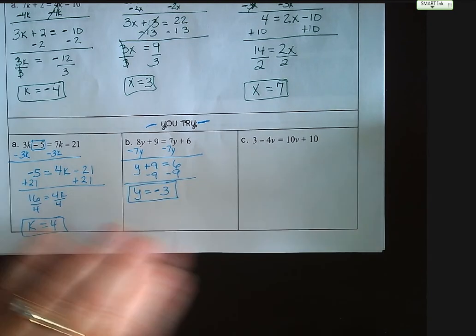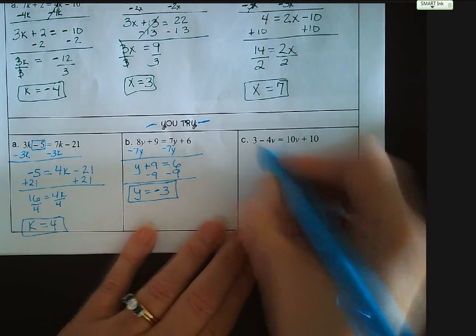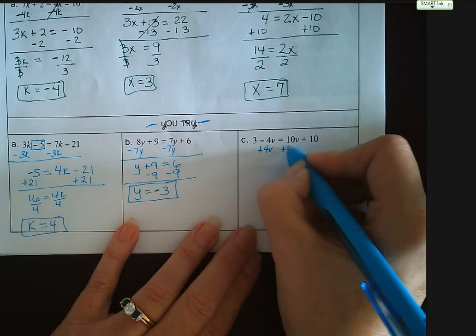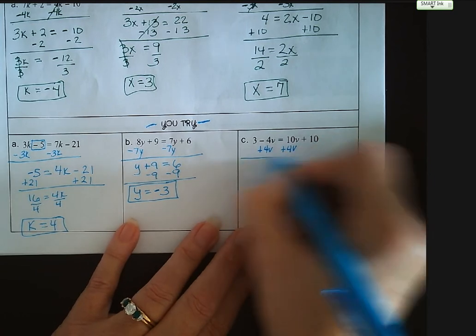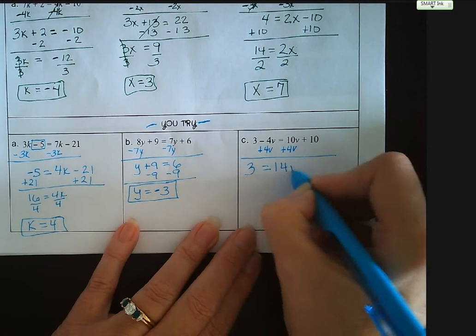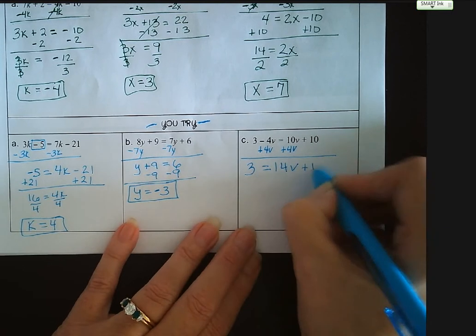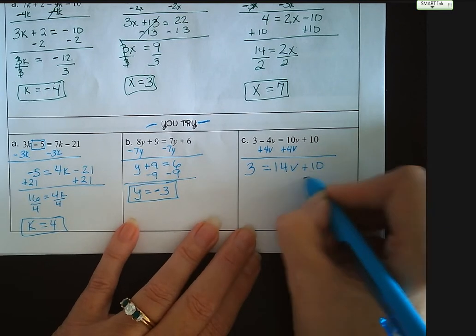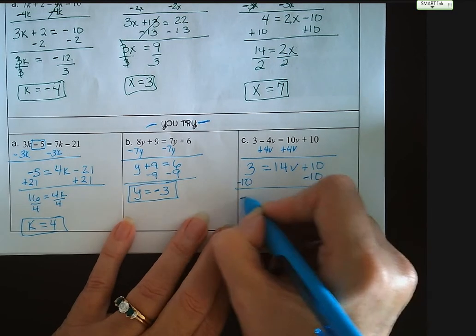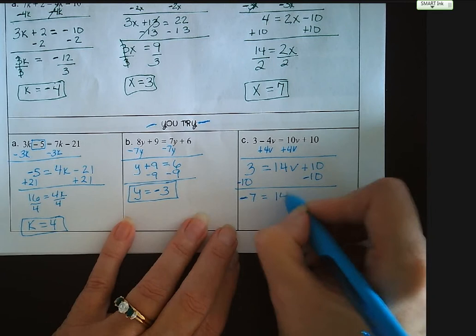All right. Letter C is a little different. We've got a negative 4v, so we're going to add 4v to both sides. Again, we want to try to keep those variables positive when we can. So 3 is equal to 14v plus 10. Subtract 10 from both sides of the equation. Negative 7 is equal to 14v.